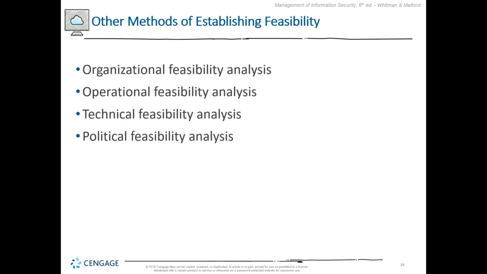The operational feasibility analysis is described as involving acceptance and support by users and management, as well as system compatibility with requirements that may be put forth by stakeholders. This is also known as behavioral feasibility.